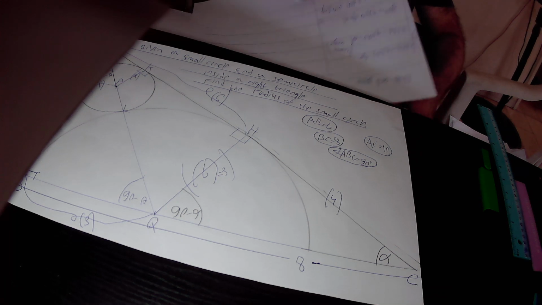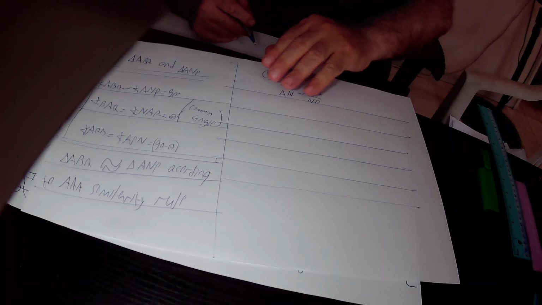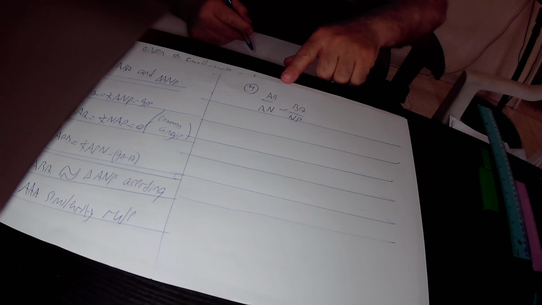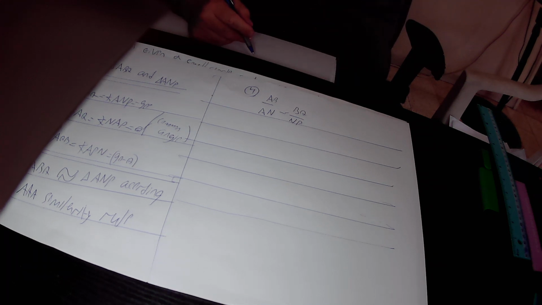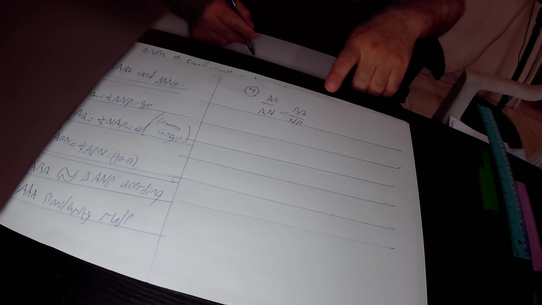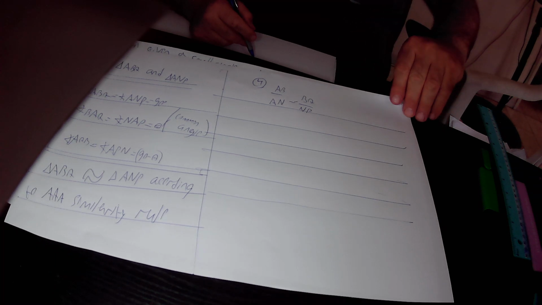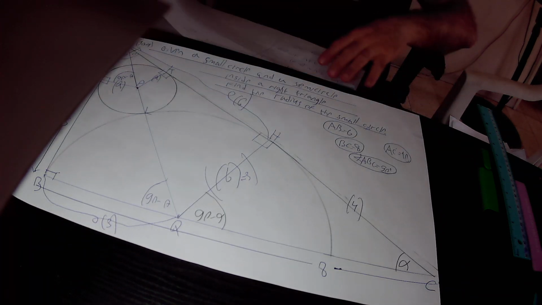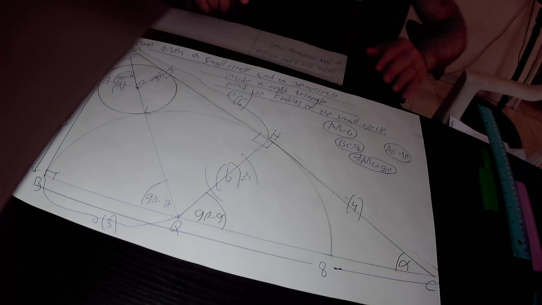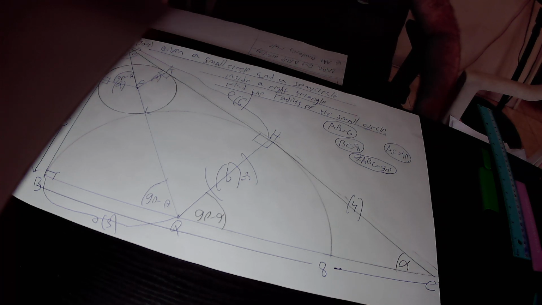And again, we derive that side AB in the big right triangle ABQ over side AN in the small right triangle ANP equals side BQ in the big right triangle ABQ over side NP in the small right triangle ANP. AB equals 6 over AN.